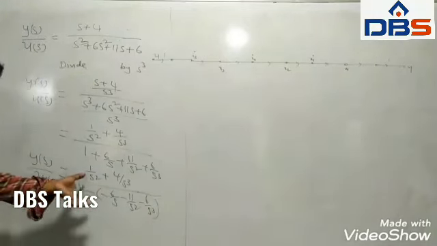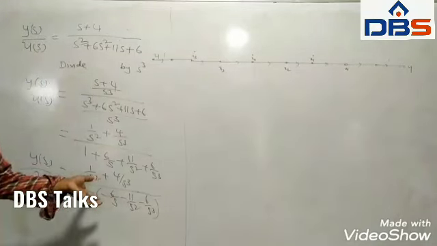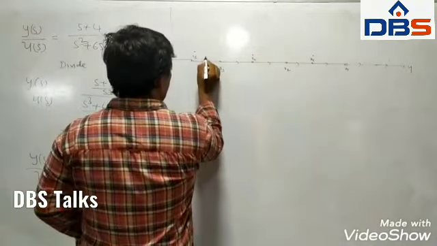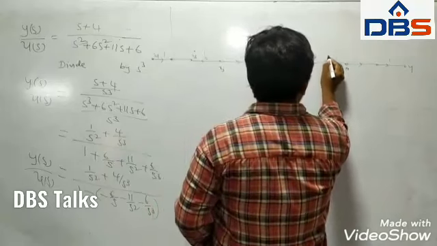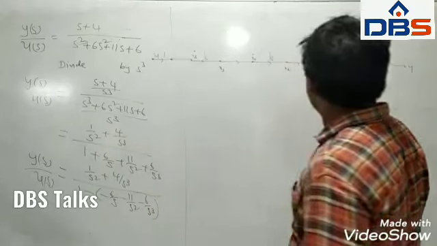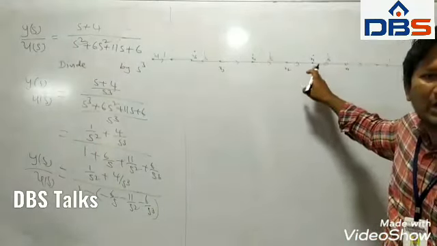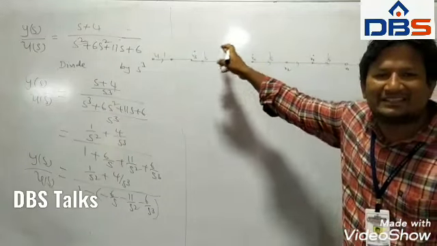Now we have to identify each and every path gain. So this is 1 by s, and this is also 1 by s. So put 1 by s on x1 bar, x2 bar, x3 bar.